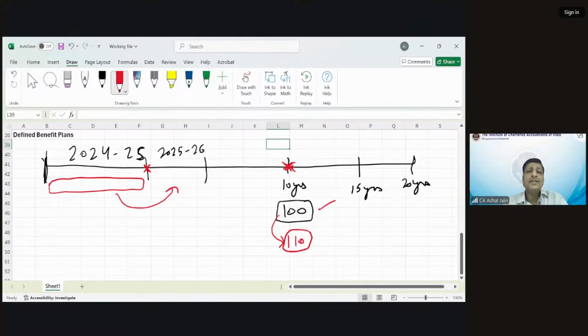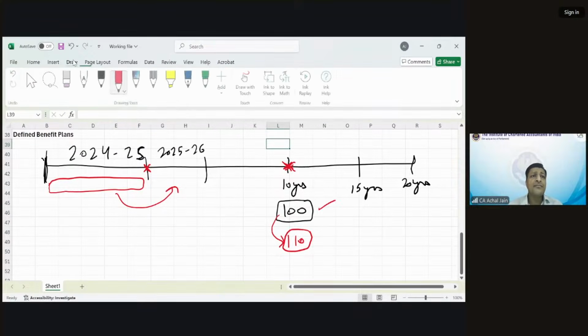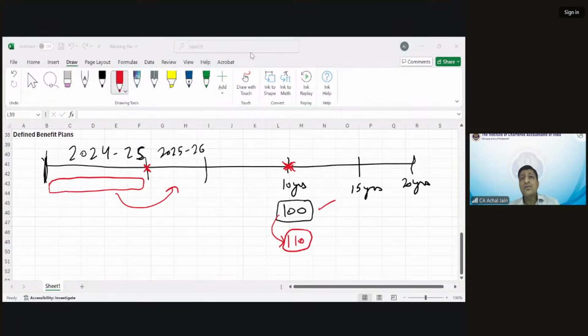Maybe in the previous years, increment rate was considered as 5%, that this is how the increments will happen, which has increased now. Maybe the attrition rate has changed now. So different factors, different assumptions could be there. Yes or no?